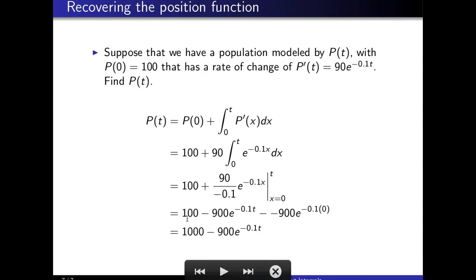Doing that, we'll get 100 minus 900 e to the minus 0.1t minus 900 e to the 0. So we get 100 plus 900 for 1,000 minus 900 e to the minus 0.1t. And that's what we would get for the population function.